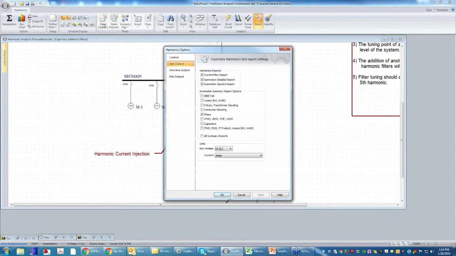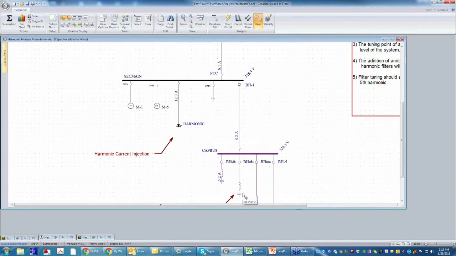So at minimum, to get the data you need, you should have these items checked off: current flow, the current flow report, summation detail report, summation spectra report, and then a filters report. So one thing I can say about EasyPower and about most programs is that what EasyPower is doing is just calculating the expected current flow into the filters.